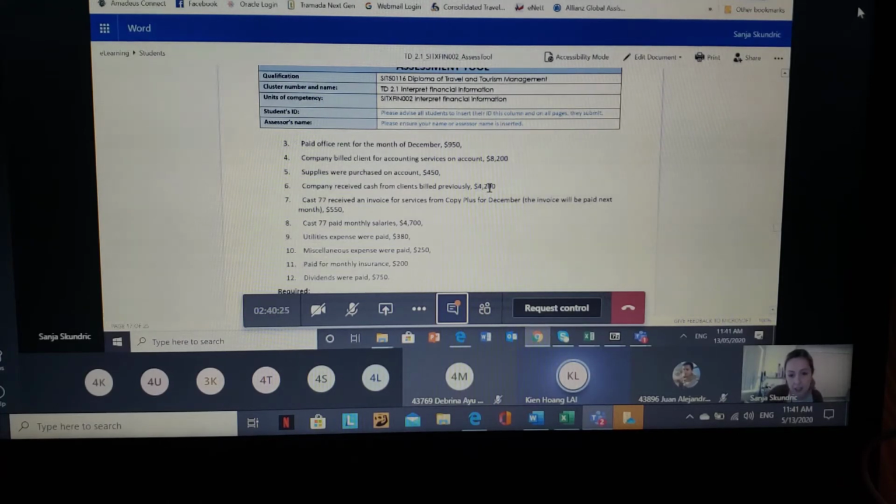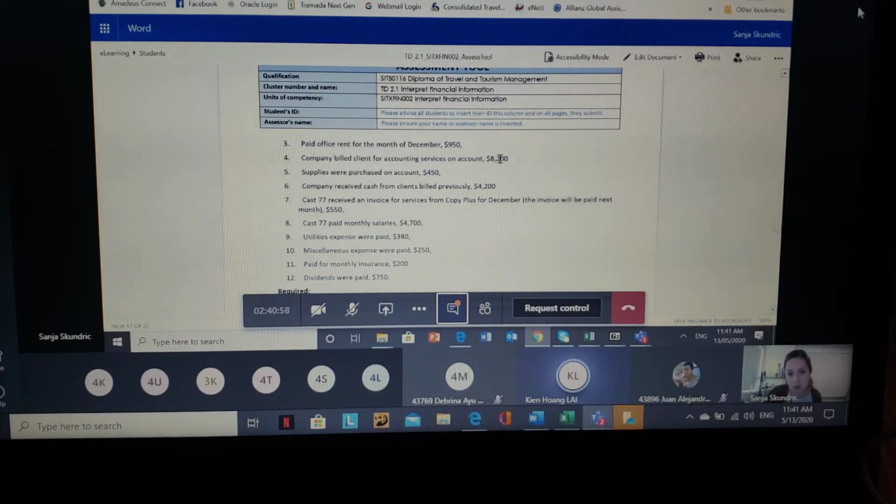It will be the rest, 4,000 for account receivable. This is where I think this amount, so we have received cash, should appear under the current assets, that amount 4,200. Yes.